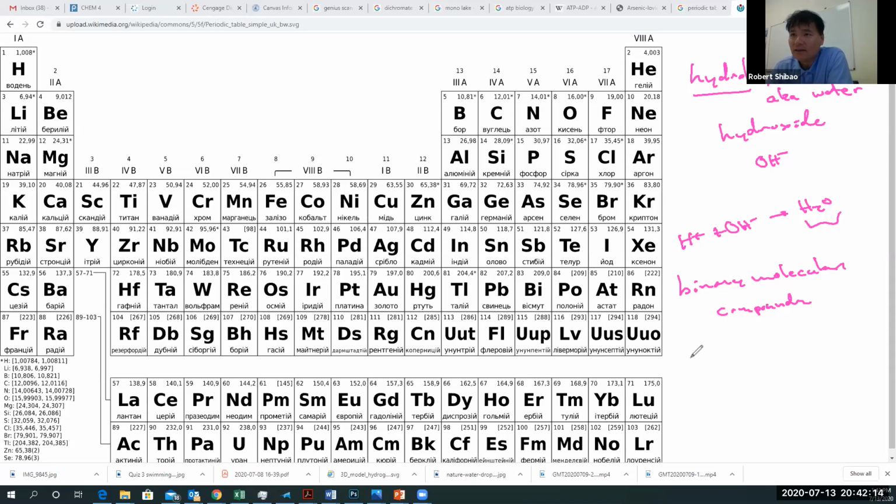The other name for water is naming it as a binary molecular compound. It would be called dihydrogen monoxide. If we name this as binary, 2 elements, molecular, all nonmetals, we come up with dihydrogen monoxide. That's another name, AKA water.